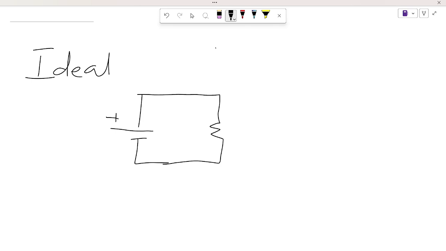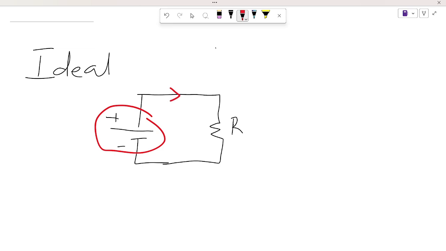This is a positive terminal, this is the negative terminal, and this is my load or resistor. So for an ideal voltage source, the power source, that's this, it doesn't have any form of internal resistance present. That's one thing that has to be noted.